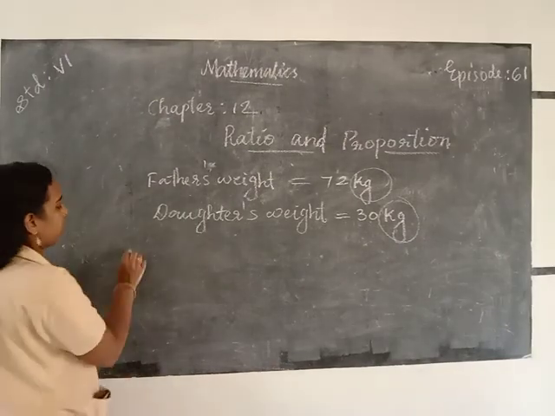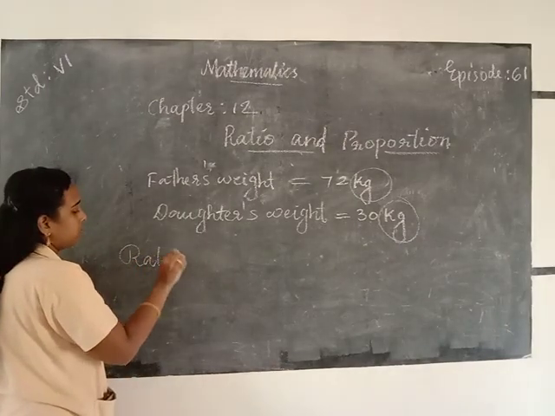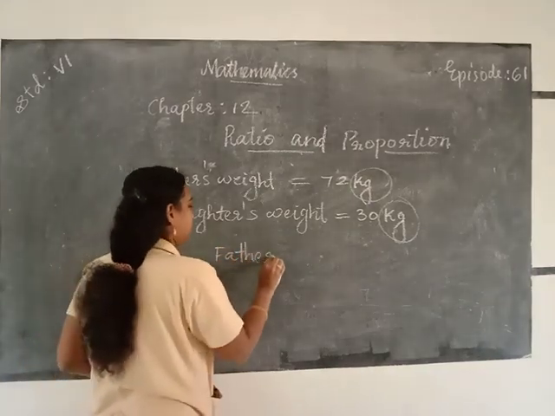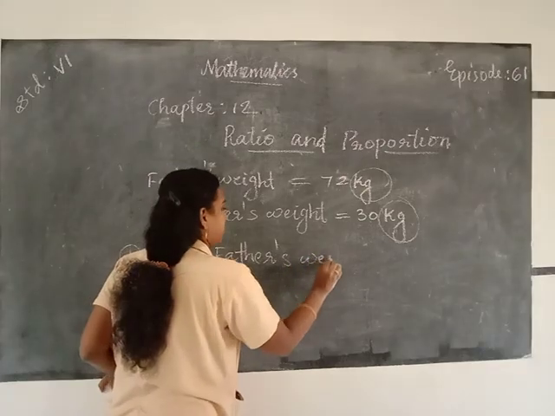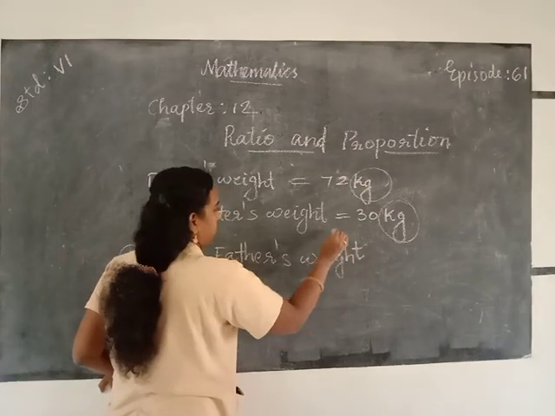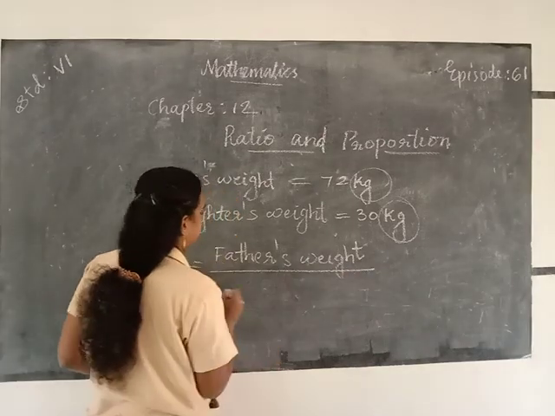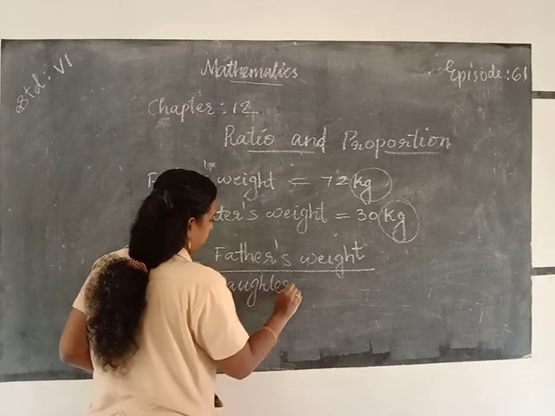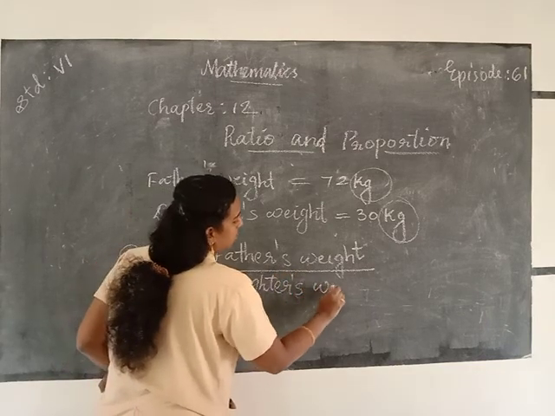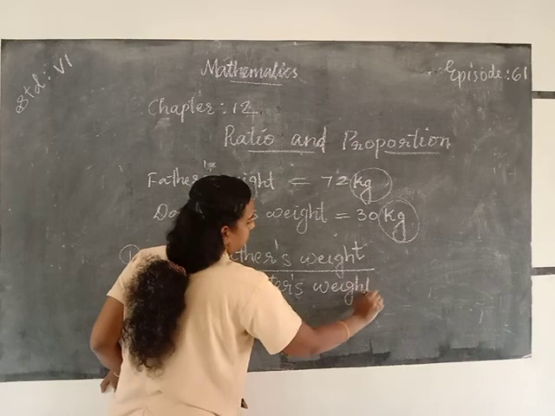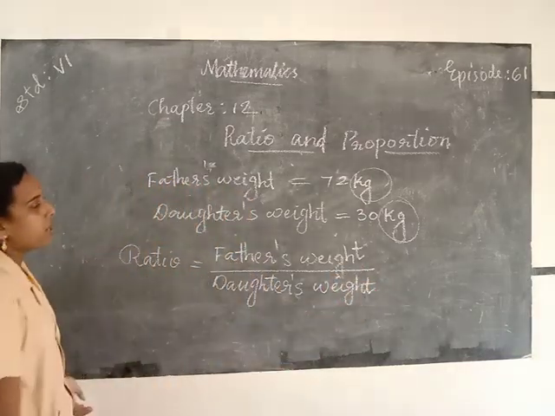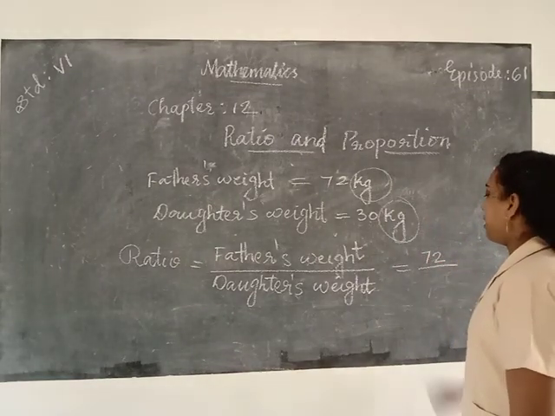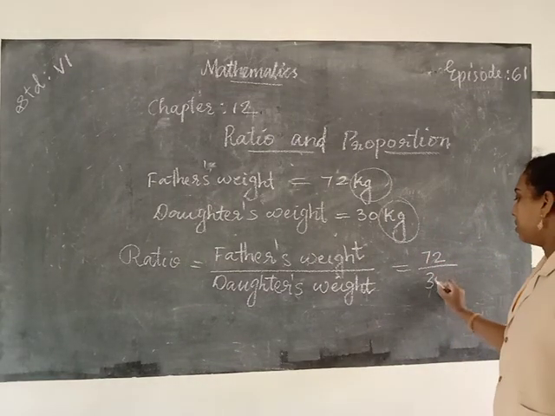So the ratio is equal to father's weight divided by daughter's weight, and father's weight is equal to 72 kilogram and daughter's weight is equal to 30.